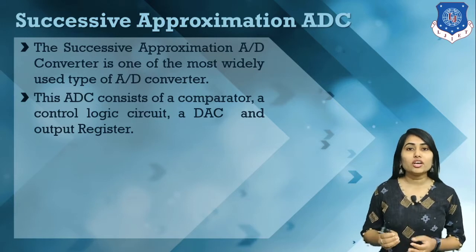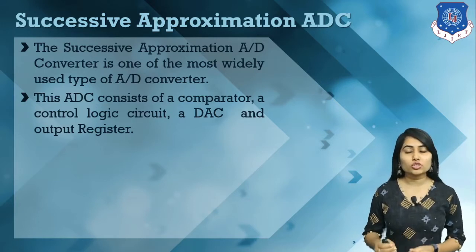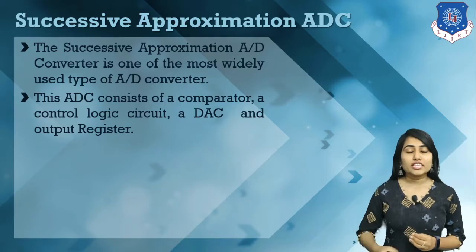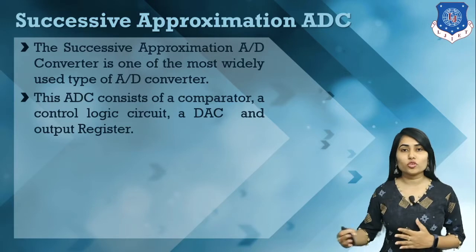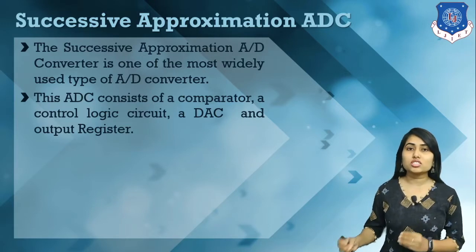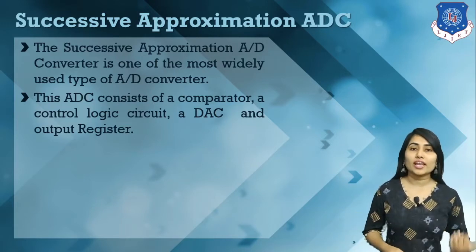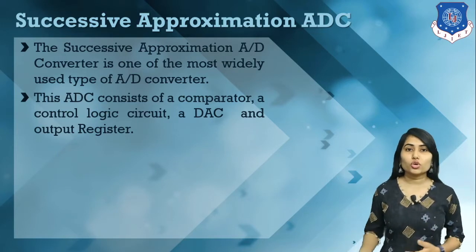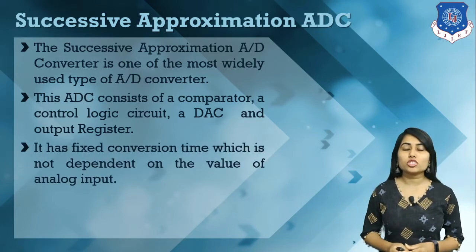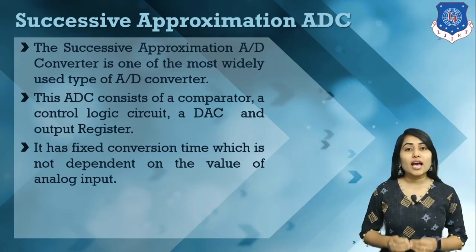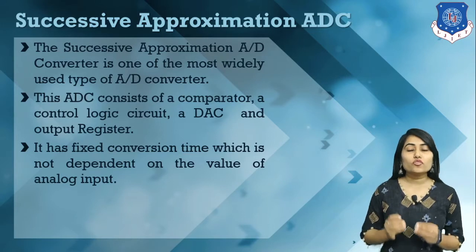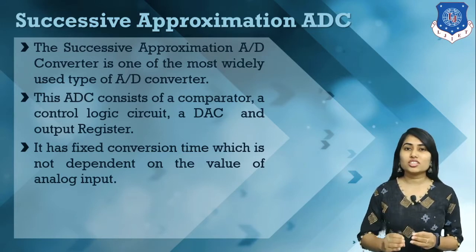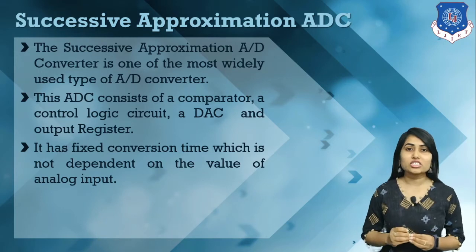Here in this successive approximation analog to digital converter, we have a DAC for conversion of digital information into analog, and using this we can convert our analog information into digital. This converter has a fixed amount of conversion time, because the conversion time does not depend on the input value.